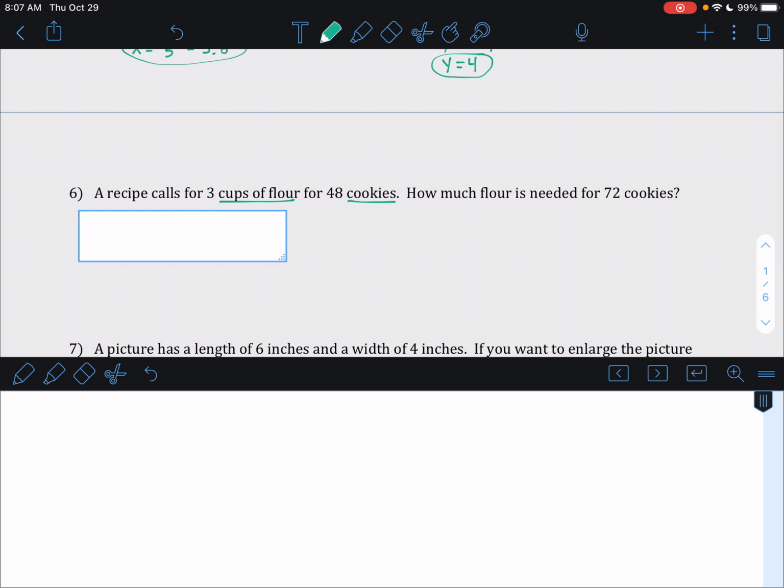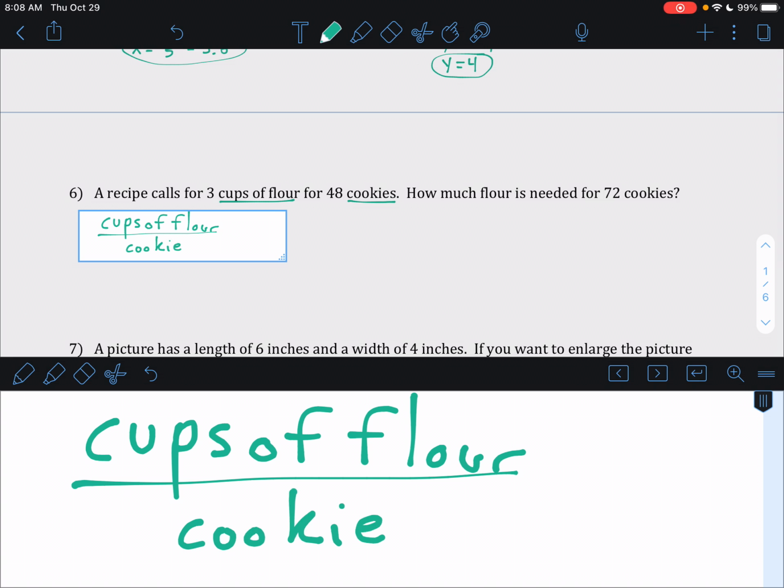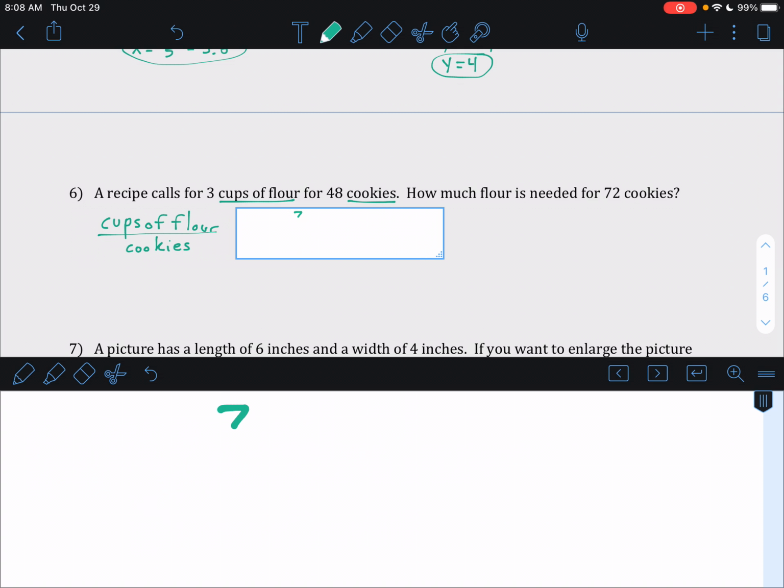So I'm going to do, let's do cups of flour over cookies. These are my 2 things that I'm measuring. I have 3 cups of flour. So my cups of flour is my numerator. Cookies are my denominator.